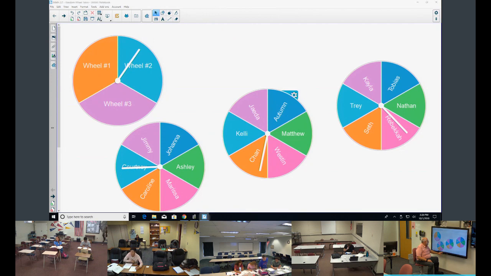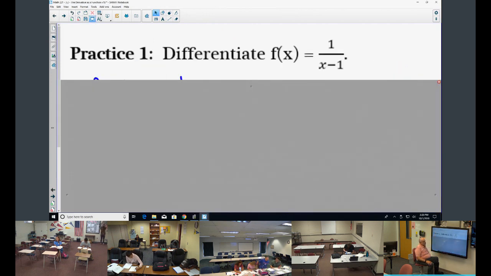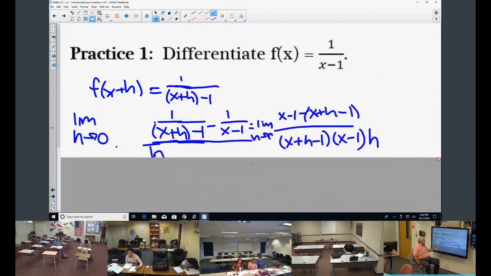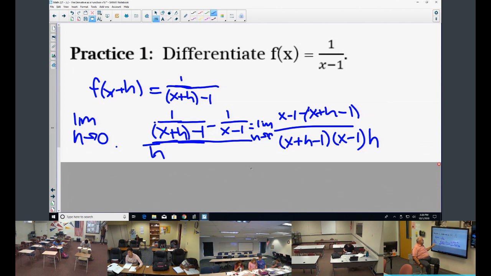All right, Chan, when you've got it. Is it 1? No, so let's go through it. For f of x plus h, you replace x with x plus h, so it's 1 over x plus h minus 1. Then you do the limit as h approaches 0 of f of x plus h minus f of x all over h.